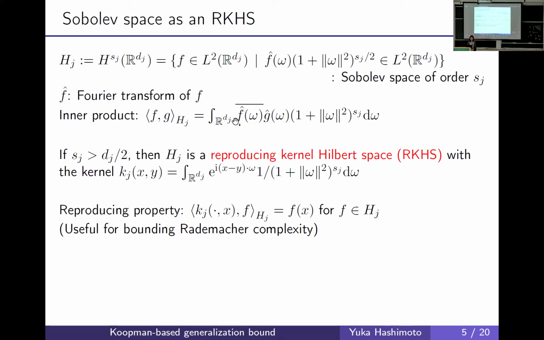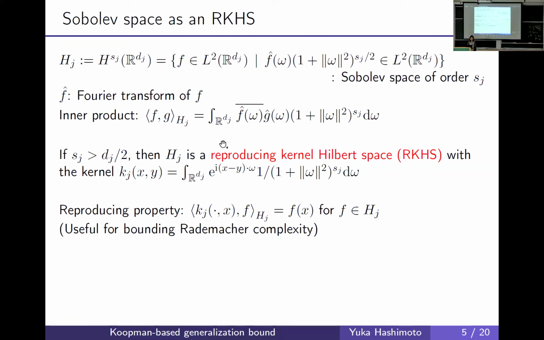If the function is sufficiently smooth with respect to the dimension d_j here, then the Sobolev space is a reproducing kernel Hilbert space, abbreviated as RKHS.